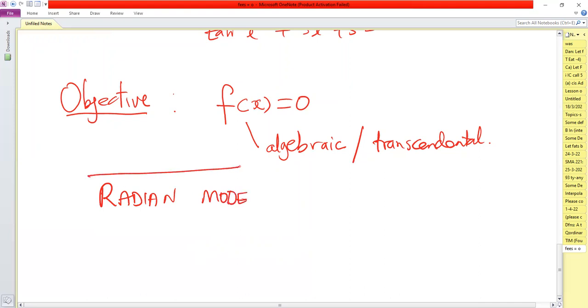So when you are solving the equation f of x equals 0, and mostly whenever f of x has a trigonometric term or inverse trigonometric term or a product of polynomials and trigonometric, inverse trigonometric or hyperbolic functions, to get the correct answers when you're computing your values for the approximate solution of the equation, ensure that your mode is in radian.